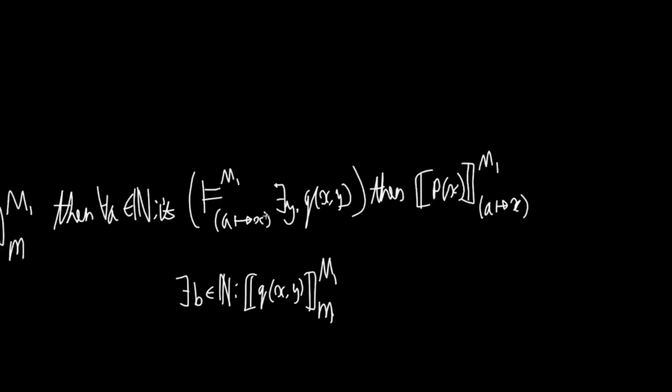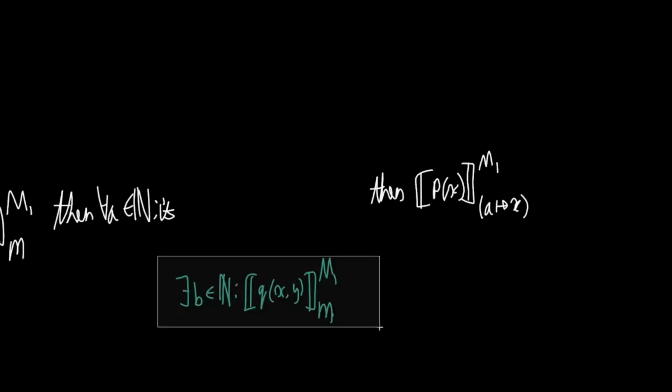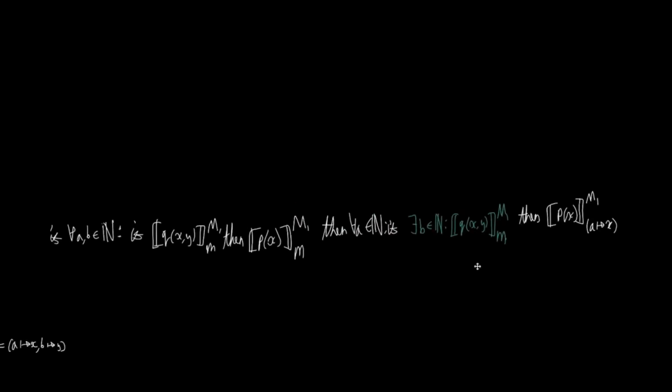That's our little m. And we can replace this guy with this guy. And now this is starting to look a bit more like a regular maths formula. So if for all a, b in the natural numbers, if q of x, if something, then something, then for all a in the natural numbers, if there exists b in the natural numbers such that something, then something.